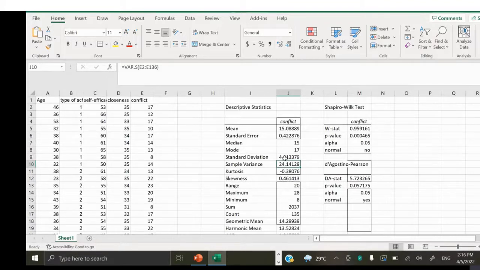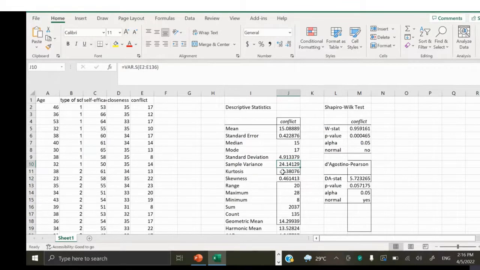So if you multiply this standard deviation by itself, you will get the sample variance. If you get the square root of the sample variance, then you get the standard deviation. They are basically the same. Now, if you want to report a smaller figure, then you can choose standard deviation for your reporting.